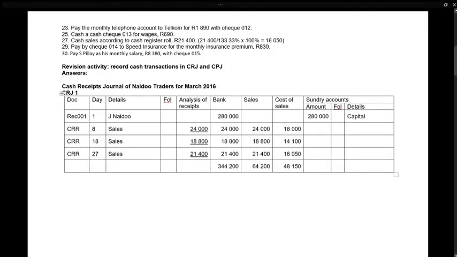Sundry accounts, easy, 280,000 rand. If you total your sales and your sundry accounts together, you should get the total of your bank. Bank will be debited because it's increasing. This will be your credits: sales and your capital.